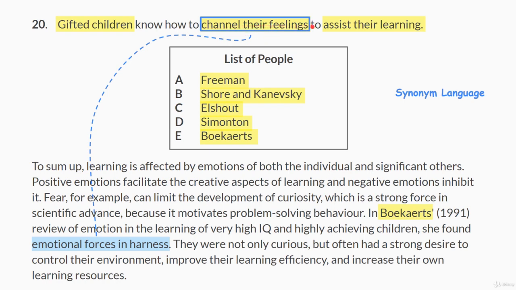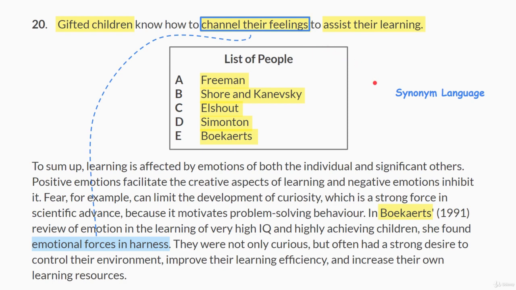To harness means to bring out or to channel, to make something accessible, to get access to it. That is what it means to harness something. So that is synonym language for channel their feelings or access their feelings.